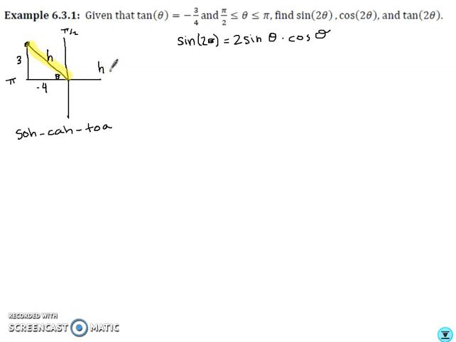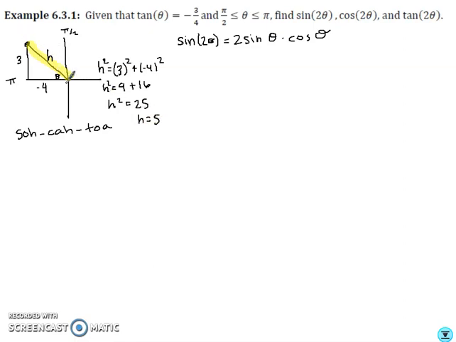So my hypotenuse is equal to my 2 legs squared and added, so 3 squared plus negative 4 squared. So h squared is equal to 9 plus 16, so h squared is equal to 25, which means that h would be 5.